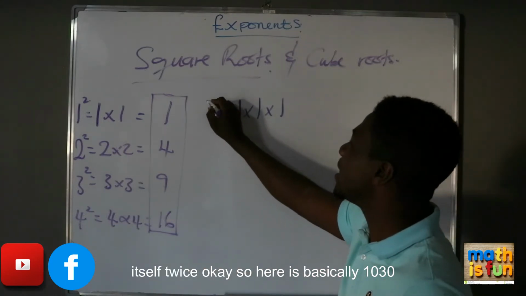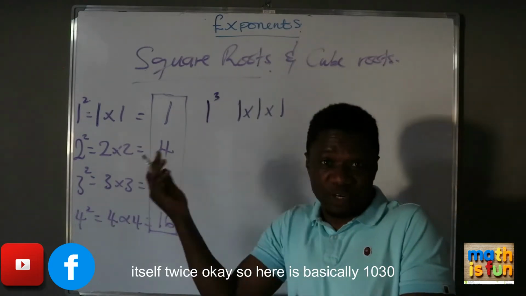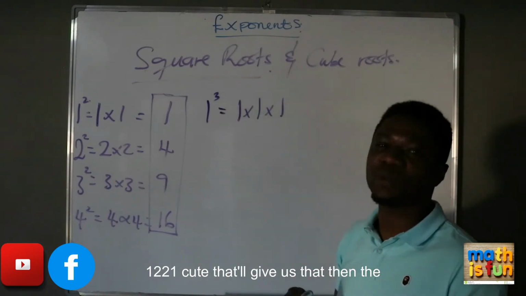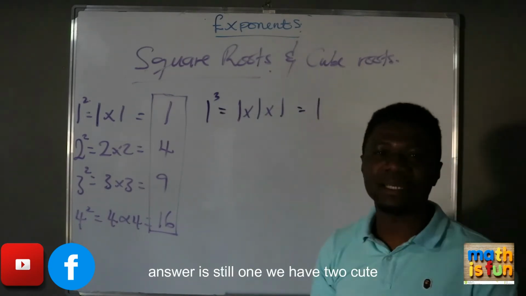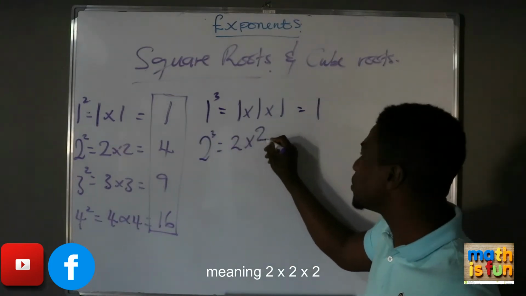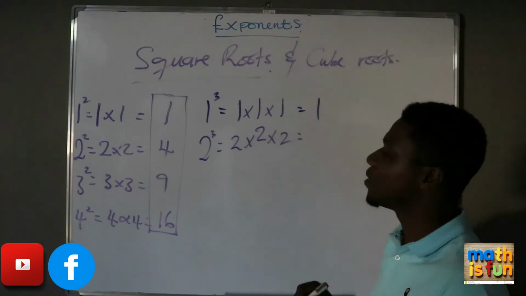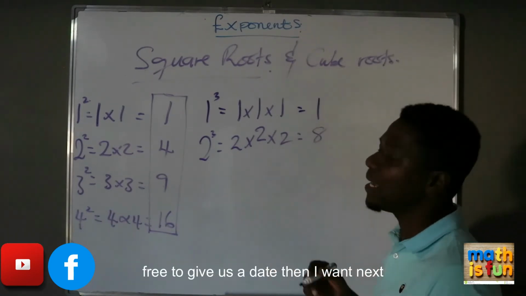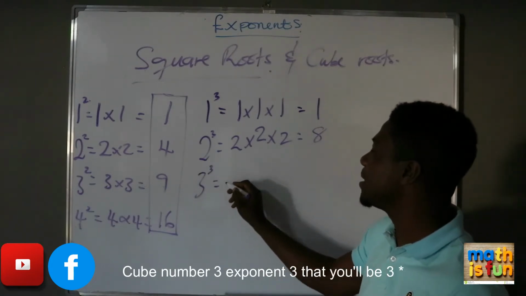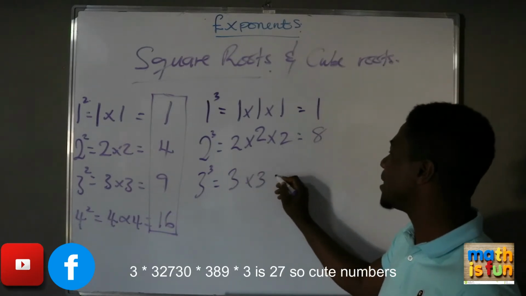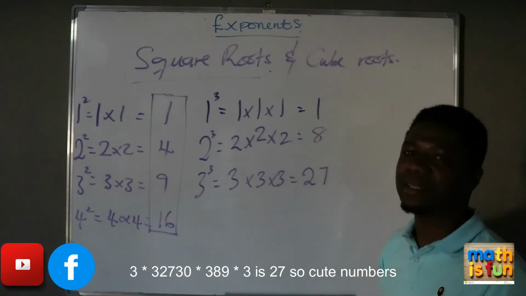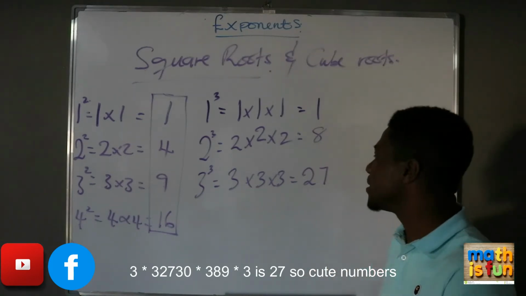Okay, so here is basically 1 exponent 3, or 1 cubed. That will give us 1. Then we have 2 cubed, meaning 2 times 2 times 2, which will give us 8. Then our next cube number, 3 exponent 3, that will be 3 times 3 times 3, giving us 27. 3 times 3 is 9, times 3 is 27.